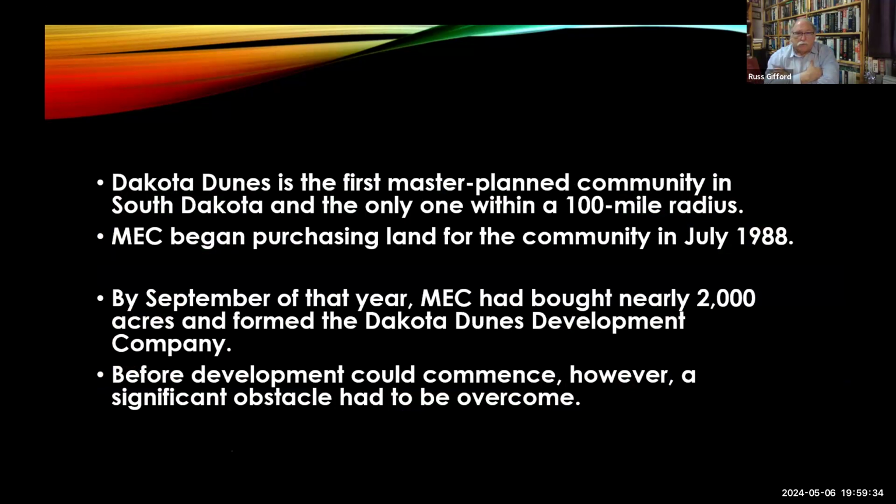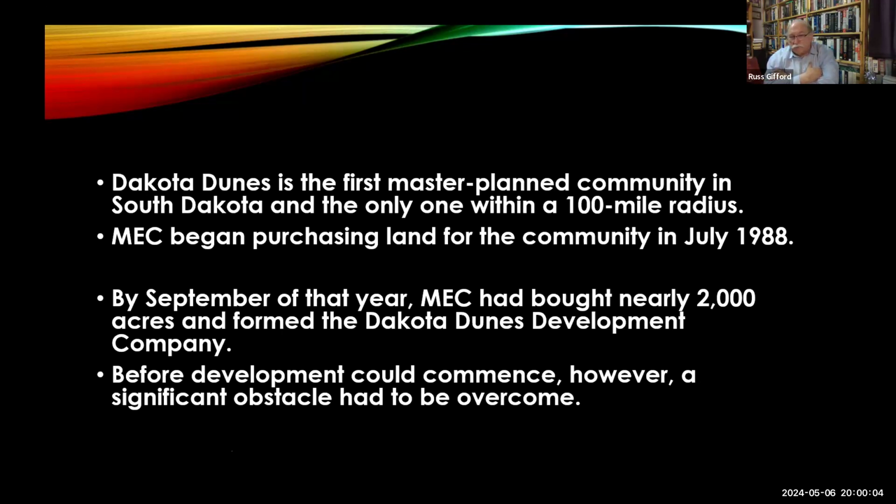And of course, remember, July 1988 is prior to the announcement of the project. So if the project goes through, they can go ahead and make this work. So by September of that same year, before they had actually agreed to everything, because I said that was December, Midwest Energy Corp had bought nearly 2,000 acres and formed a Dakota Dunes development company.